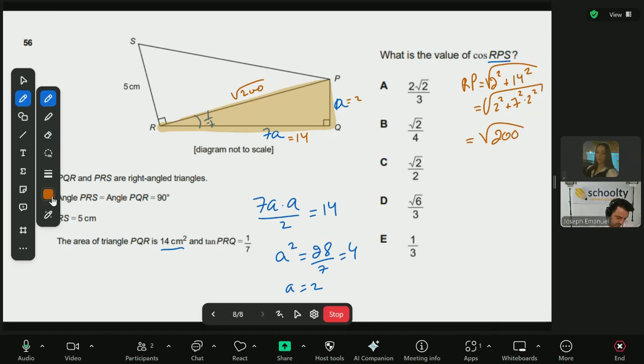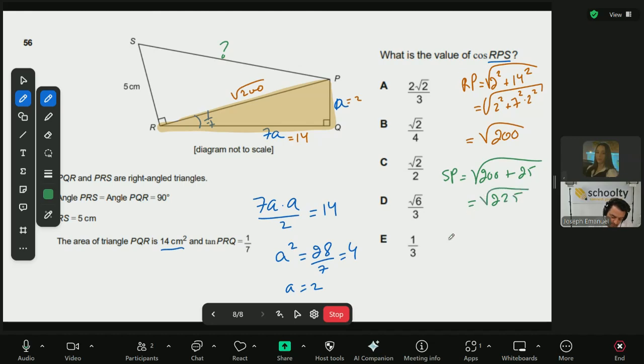So how to calculate this one now? Also Pythagoras. SP squared is 200 plus 25, so 225.